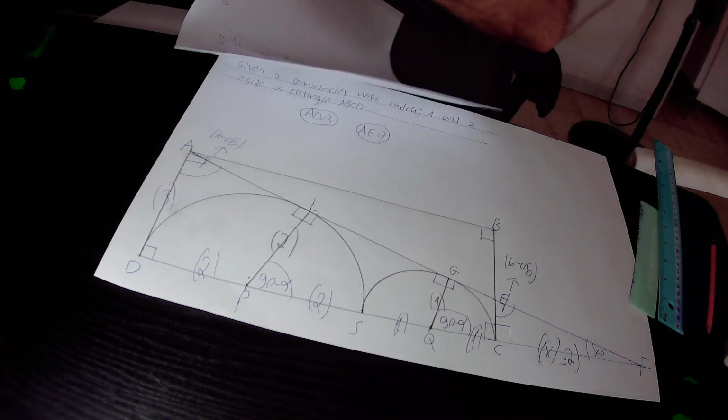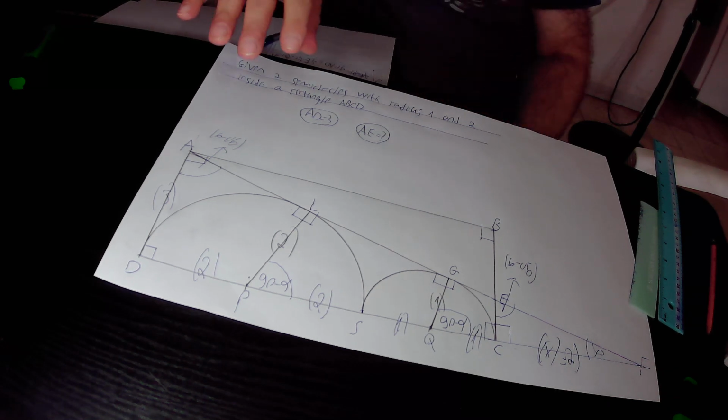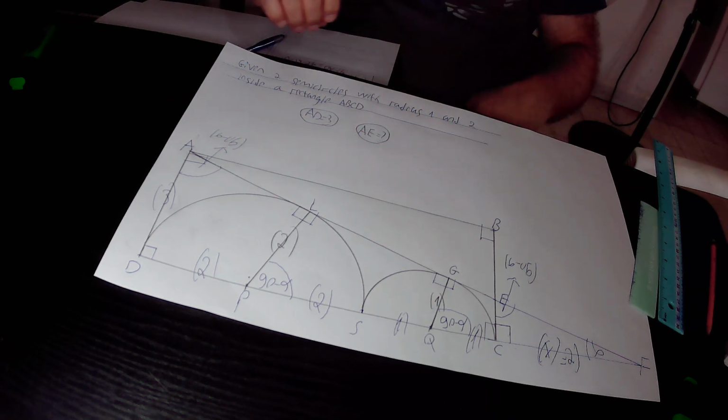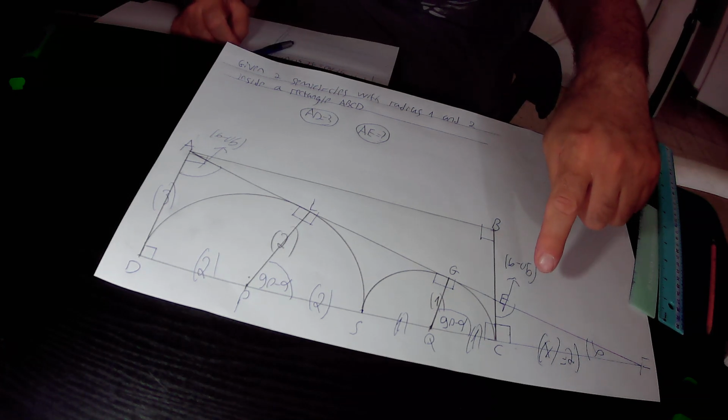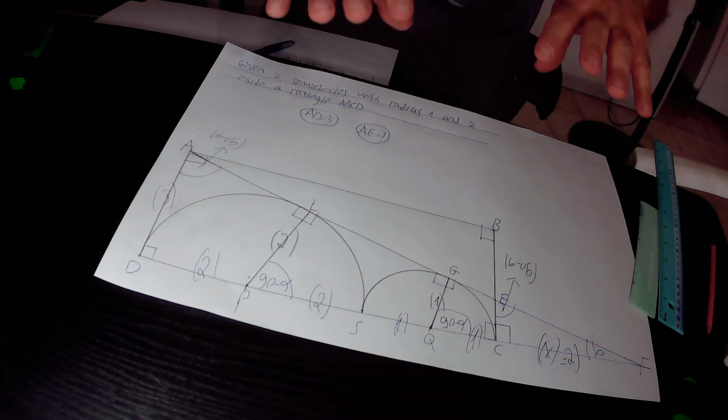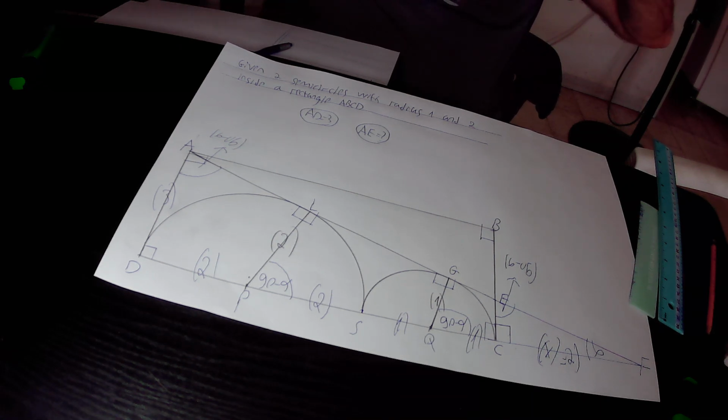So we found out that all the angles in the big right triangle ADF are correspondingly equal to all the angles in this small right triangle ECF. Therefore those two right triangles are similar to each other according to the angle similarity rule.